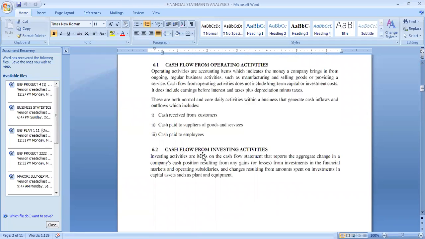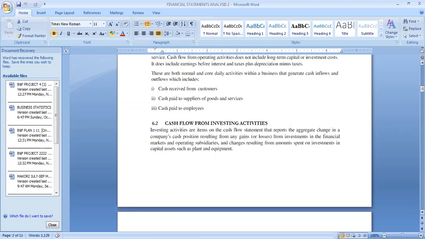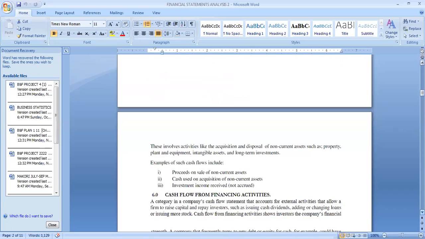Then we have cash flow from investing activities. As I said, the investing activities normally rotate around the fixed assets or non-current assets. Therefore, we are going to see how much we are spending on acquiring the fixed assets and how much we are receiving from the sale of the fixed assets.